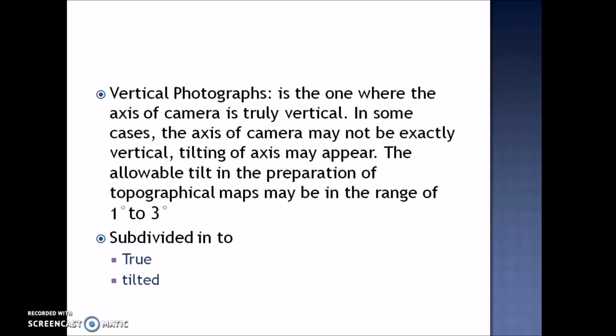If the tilt is only up to 1 to 3 degrees, then we can call it a vertical photograph. True vertical is exactly 90 degrees. Tilted is where a little tilt is allowed.